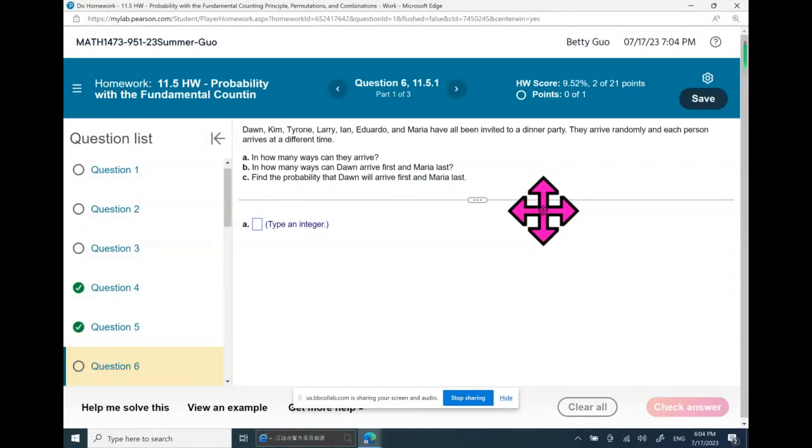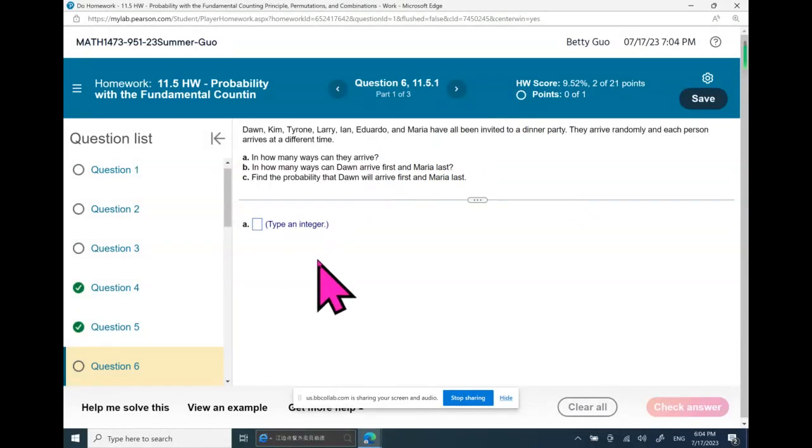They arrive randomly, and each person arrives at a different time. Do you think this is about permutation? Because the order of those people's arrivals makes a difference, right? So we are going to answer the following 3 parts.